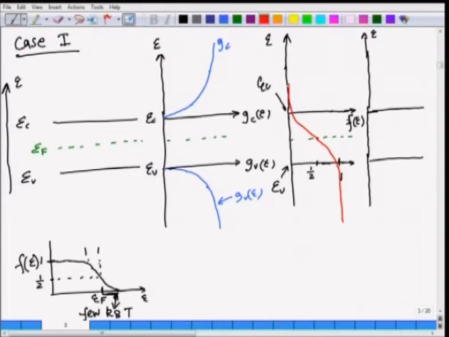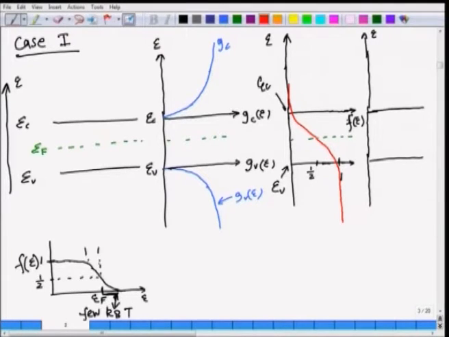Remember, in a few kBT I said that this should fall off. For silicon, the band gap is about 1 electron volt, and kBT at room temperature, like I said, is 25 milli electron volts.